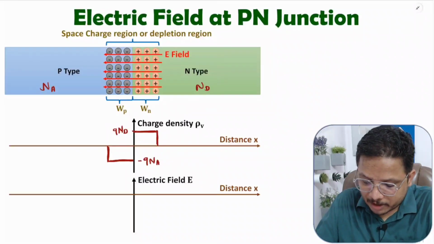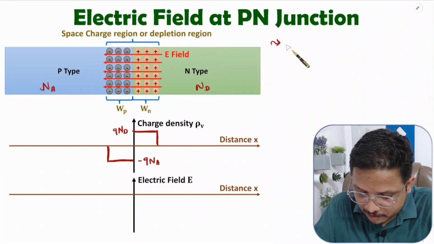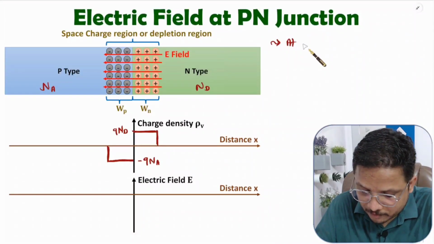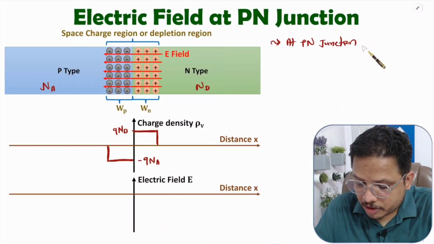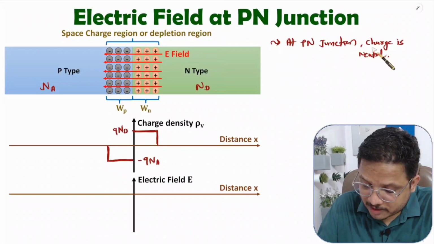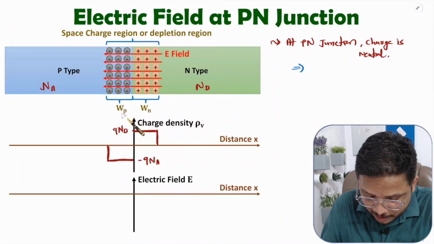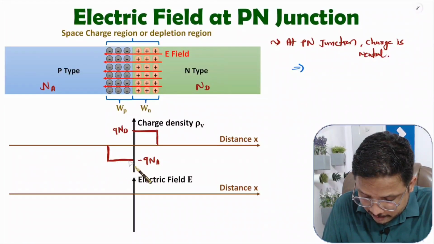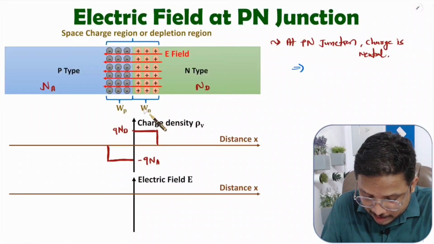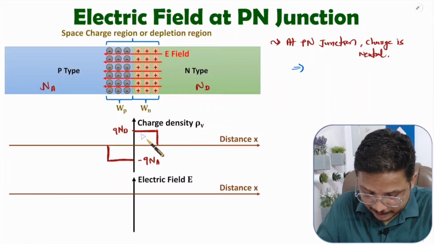So here let me note it down. At PN junction, charge is neutral. As charge is neutral, all you can say is this Wp into this equals Wn into this, right?